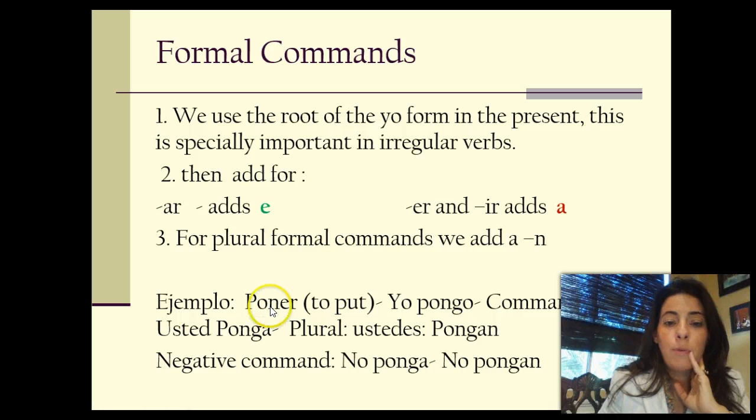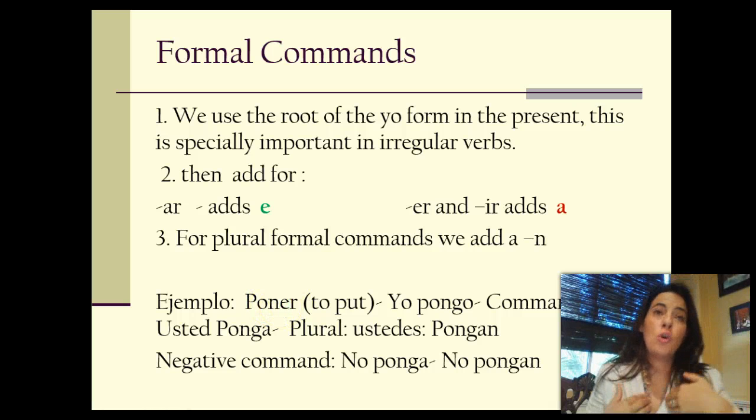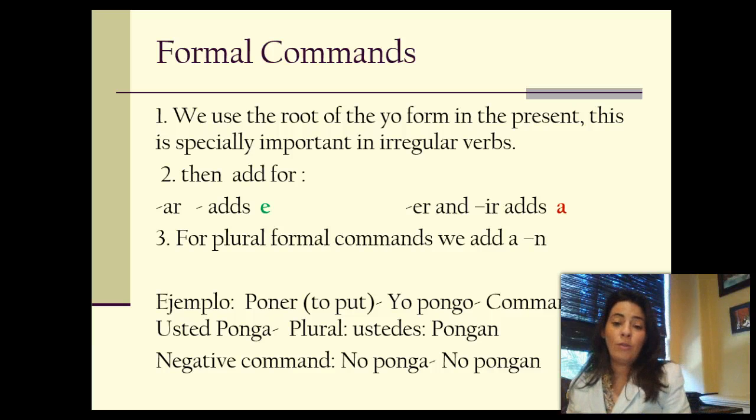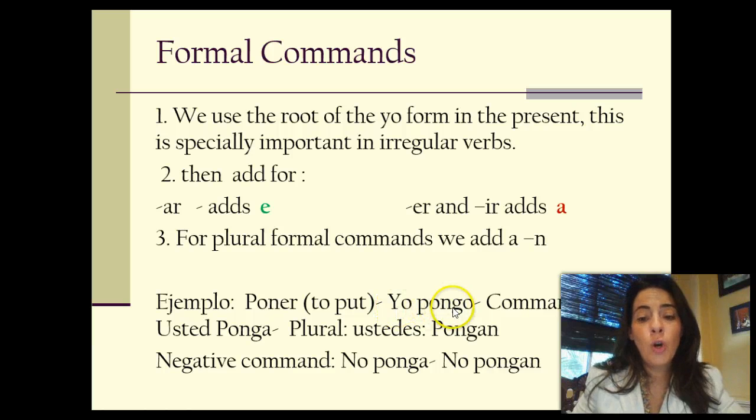So for example, the verb poner is irregular in the present. Yo pongo, tú pones, él pone. Do you remember? That's why it's important to take the yo form. The yo form is yo pongo.